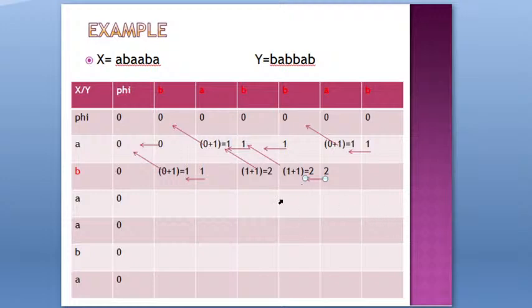Now tell me similarly, if I perform B with B, what will be the value? Tell me in the chat box. If I match B with B, what will be the value of this current cell?